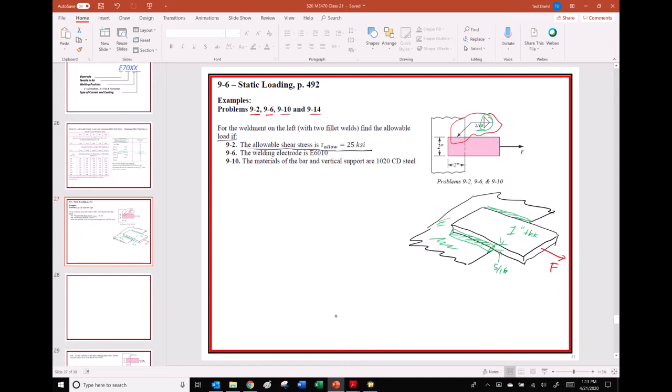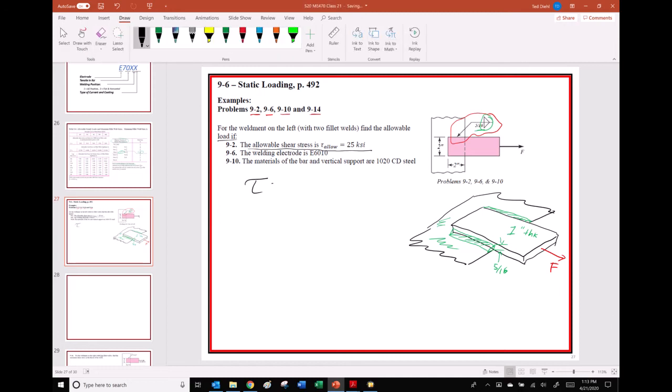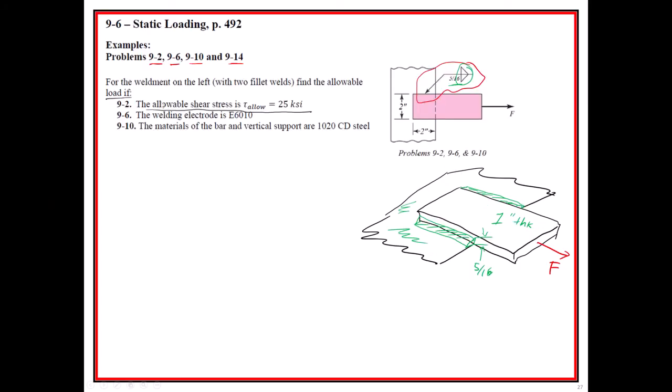So we use the equation tau is equal, oops, I don't mean to do that. Go back into presentation mode. And I want to use black, right? Tau is equal to 1.414 times F divided by HL.